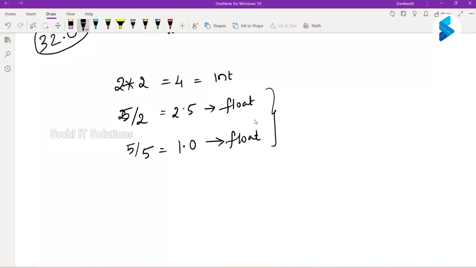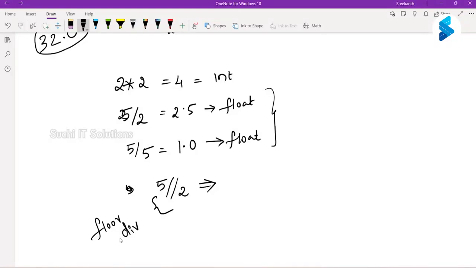Then, are we clear? Yes, sir. Okay. Now, let me just say 5 double slash 2 will result in what value? What would be the output of 5 double slash 2? When I use a double slash, it is nothing but floor division.